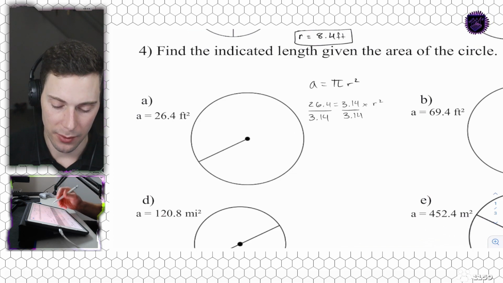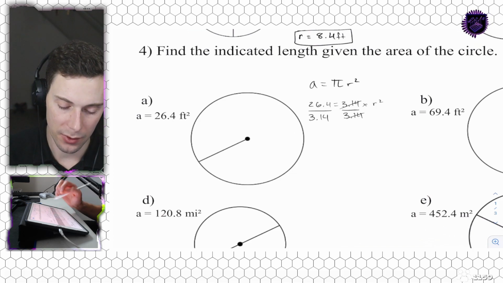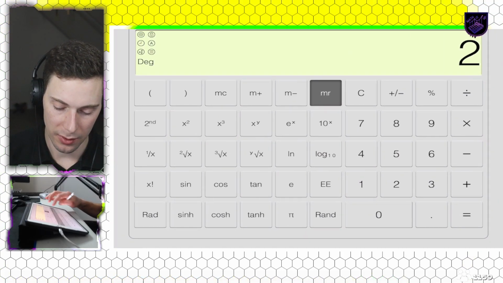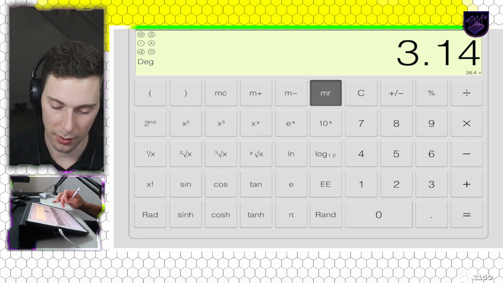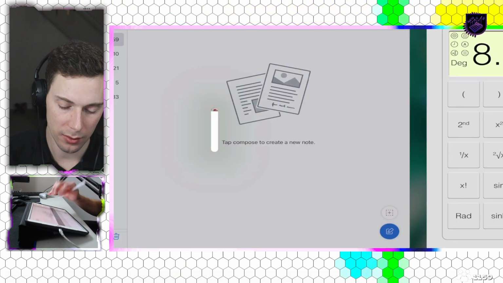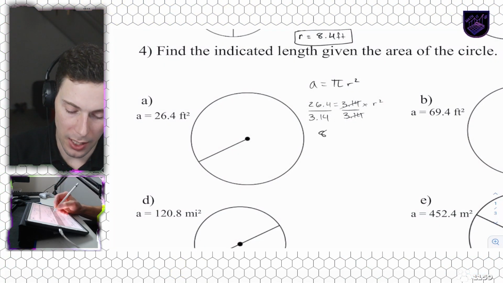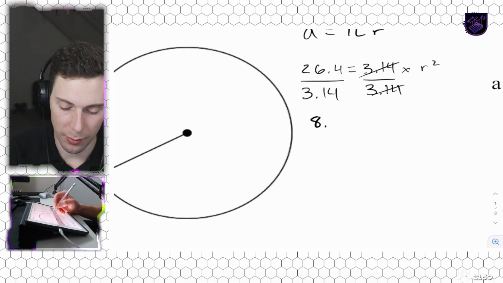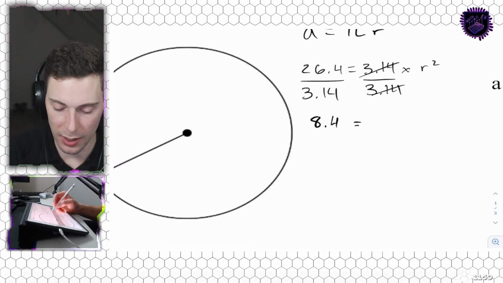And this is going to cancel. So 26.4 divided by 3.14 is 8.4. So 8.4 is equal to radius squared.